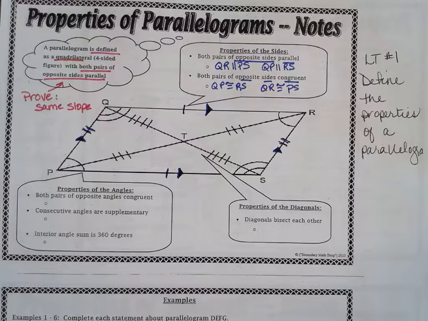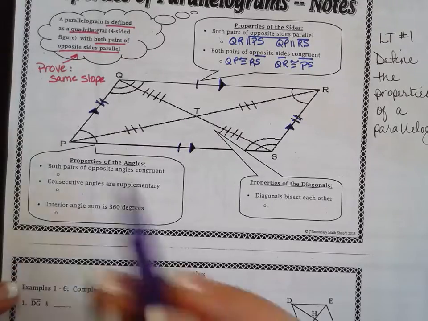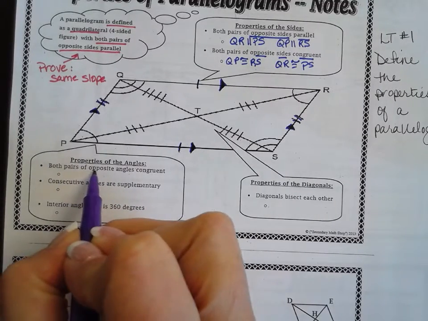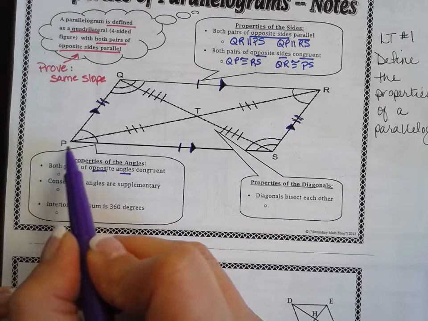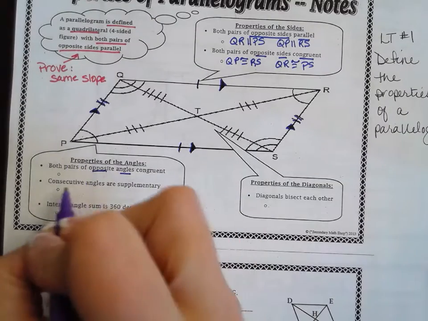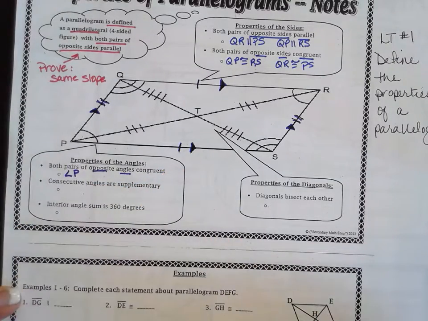All right, now properties of angles. Both pairs of your opposite angles. What does it mean to be an opposite angle? If I have angle P, which one is going to be opposite?